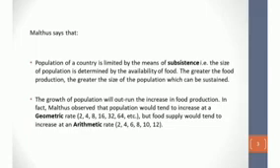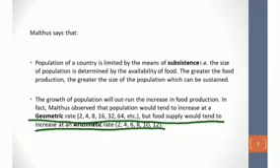In fact, Malthus observed that population would tend to increase at a geometric rate, that is 2, 4, 8, 16, 32, etc. But the food supply that will sustain the population will tend to increase at an arithmetic rate, that is 2, 4, 6, 8, 10, 12, 14, 16, etc. You will recall that in mathematics, geometric progression increases faster than arithmetic progression.